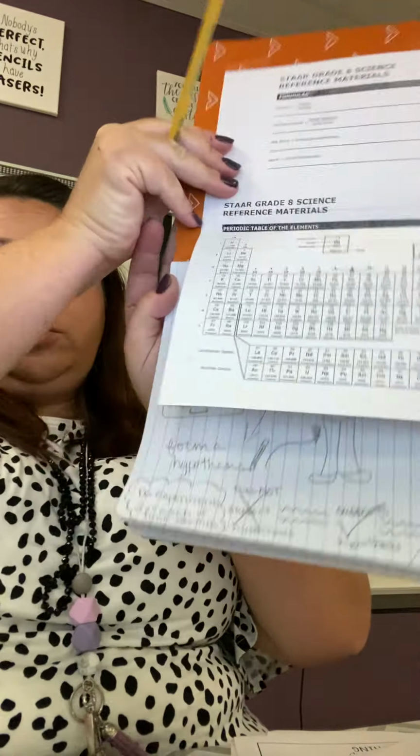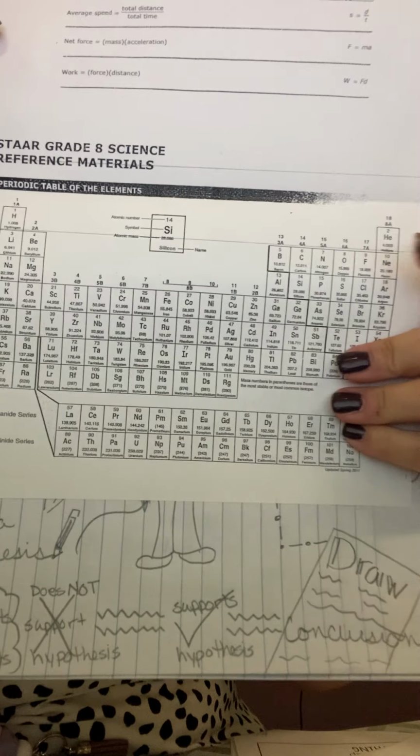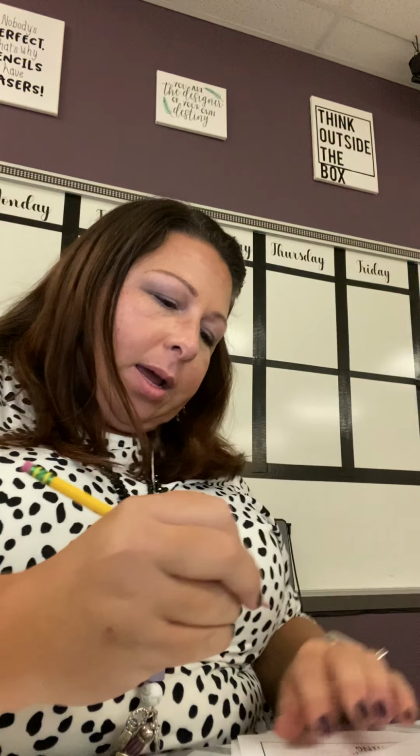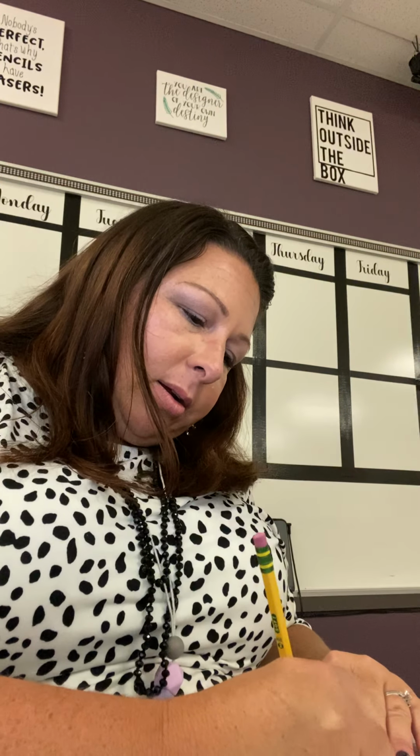So we're going to look over here for number 14. And when we find it, we're going to go, oh, look, silicon's chemical symbol is Si. So we're going to write down in that missing blank there, Si. And that is a lowercase i, so I need to put my dot there.